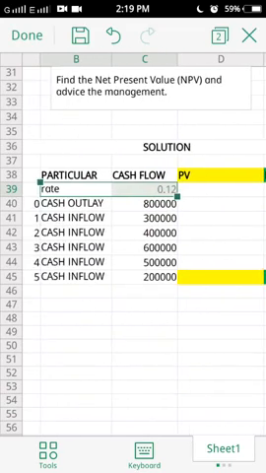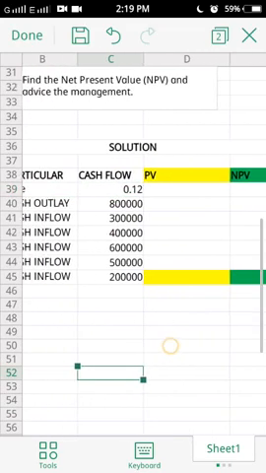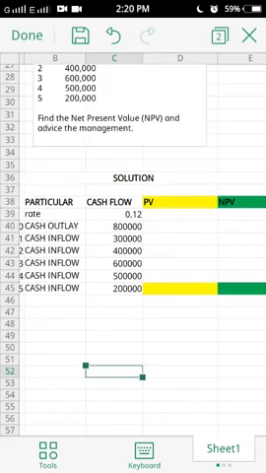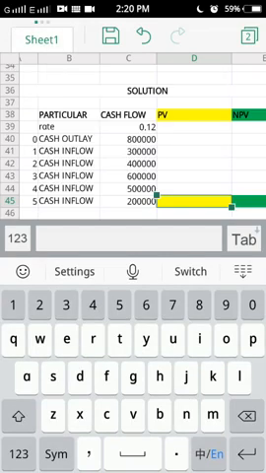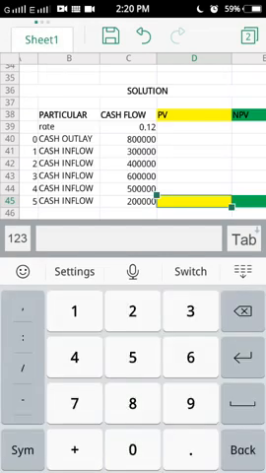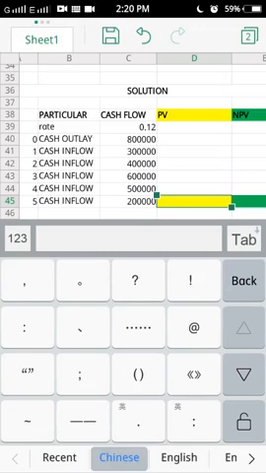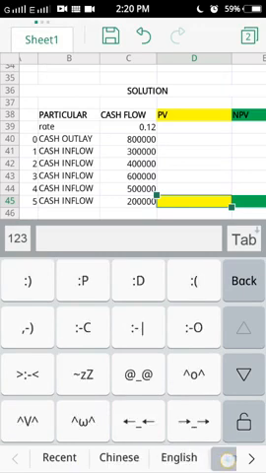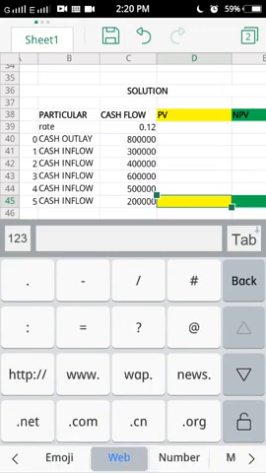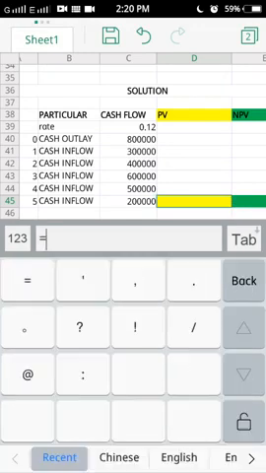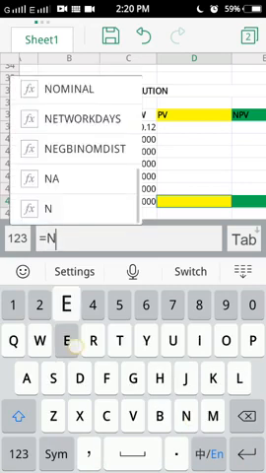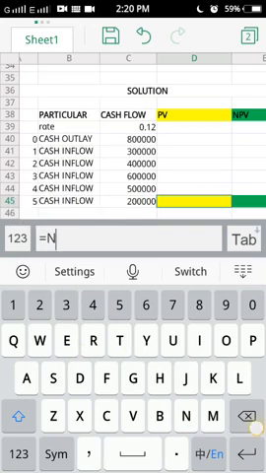Now let's calculate. First of all, to know the net present value, we have to find the present value of this amount which we want to invest in, and it's just simple. We just come to our formula bar, bring in our equal to sign, and type in the net present value.